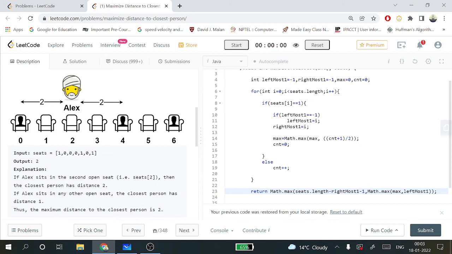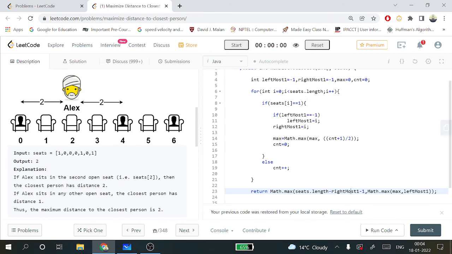Since we have initialized the leftmost to -1, we change the value only if it is -1, and we won't change it otherwise. For the rightmost one, we will be updating every time we see 1. So till the end we can get where the rightmost one is.